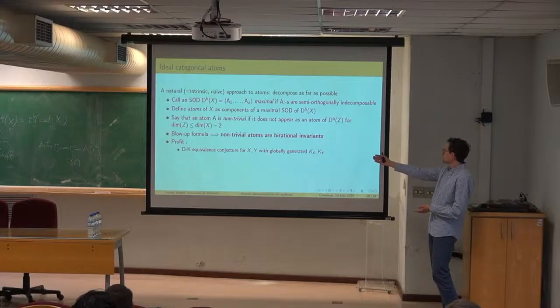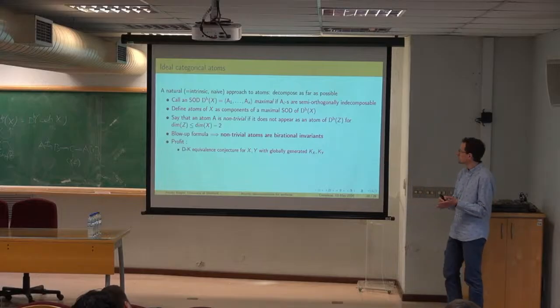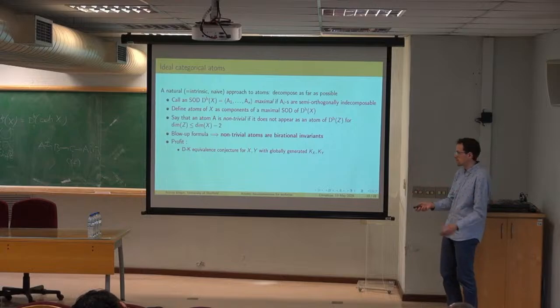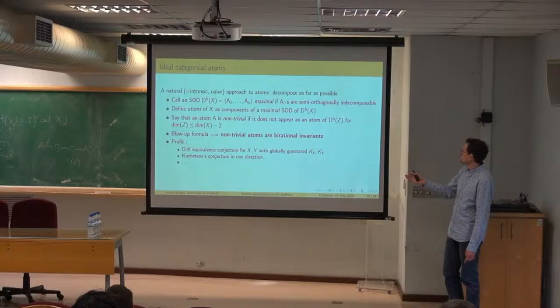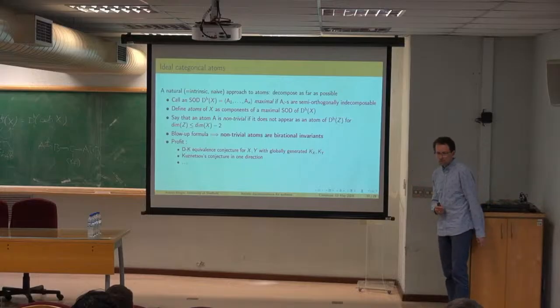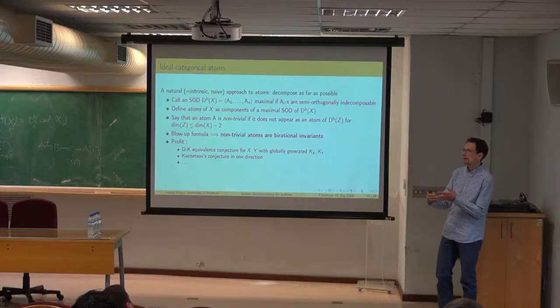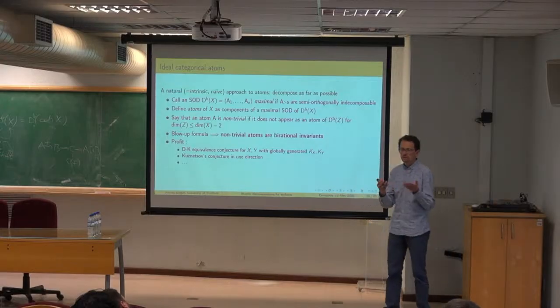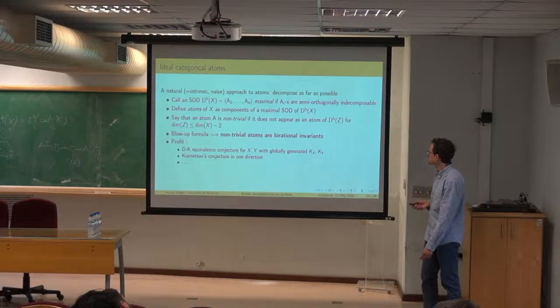So then this atom is not trivial. If X and Y are birational, then the atoms should be the same, so these two varieties should be derived equivalent. And also Kuznetsov's conjecture in one direction: if rational, then the component is equivalent to D^b of a K3 surface, would also follow quite easily.